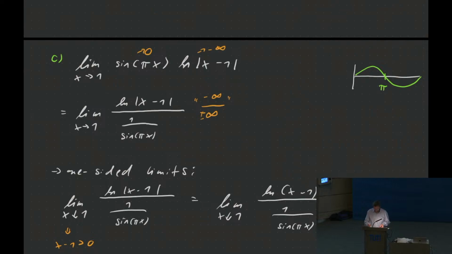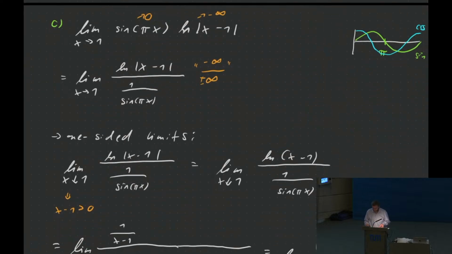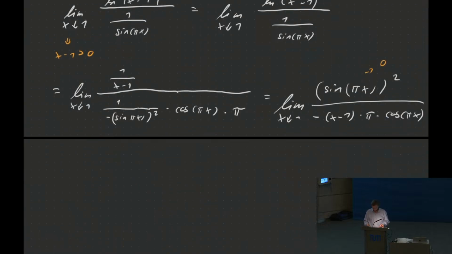All right, so did that help? Let's see. Well, this sine obviously still tends to 0. What about the cosine? Maybe let's draw that as well. Cosine looks approximately like this. So that's the cosine, that's the sine. In particular, the cosine of pi is what we want. Here the value should be minus 1.